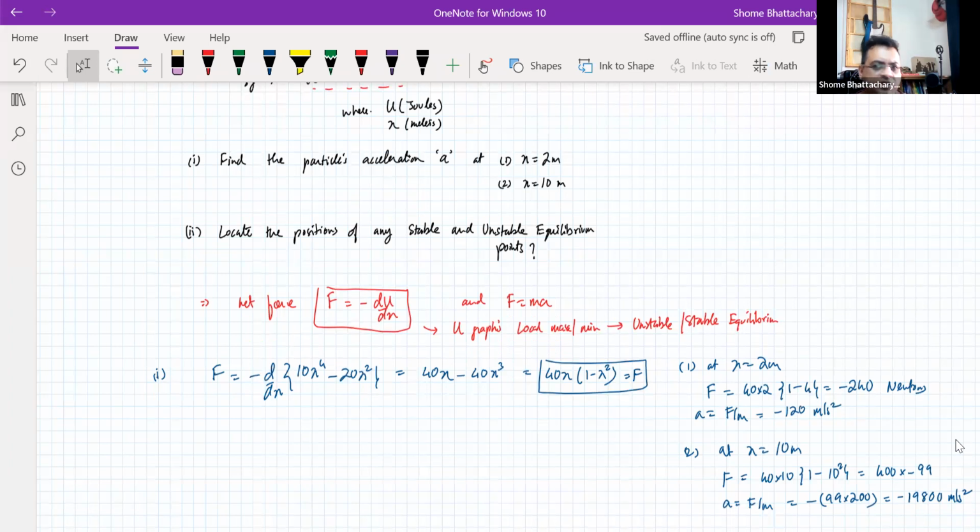Okay, perhaps the particle should have been much heavier for the question to be a bit more practical. Anyhow, so this is the first part.